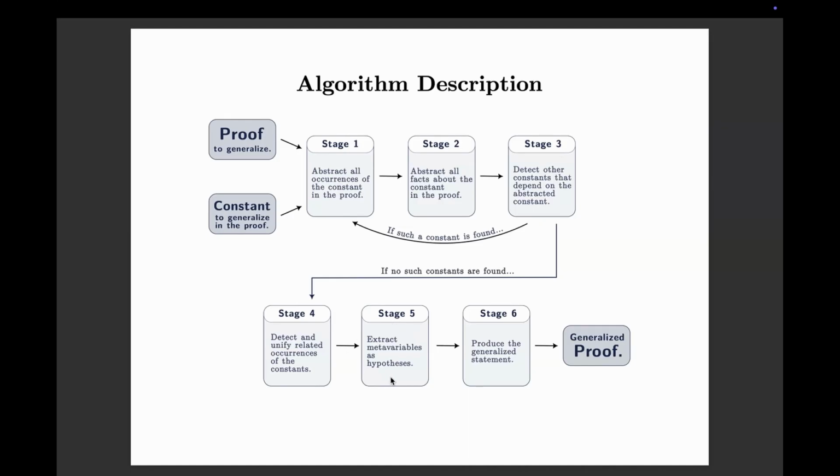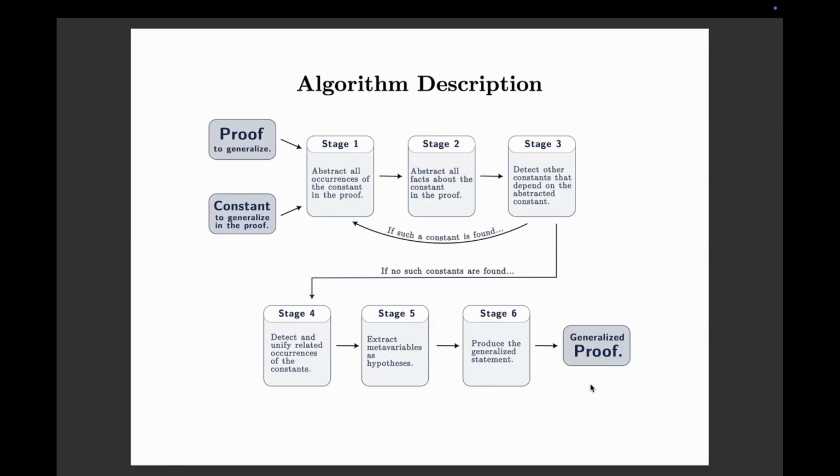So those holes in the proof, those meta variables we created, become hypotheses that must be fed in for the generalized proof to work. And then finally, if we run type inference, we get the generalized statement. And so together, what we have is a generalized proof and, via type inference, a generalized statement. Any questions there?